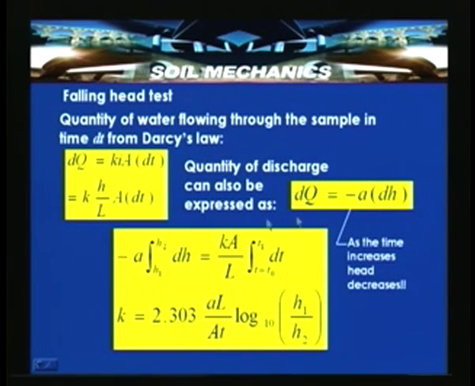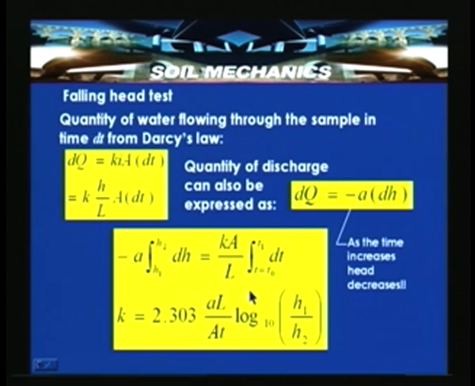Now, equating dq equal to minus a dh and dq equal to k h by L A dt, and integrating between the heads h1 and h2, where h1 is the head at t equal to t0 and h2 is the head at t equal to t1, over the small change in head dh, kA by L, where time goes from t0 to t1.